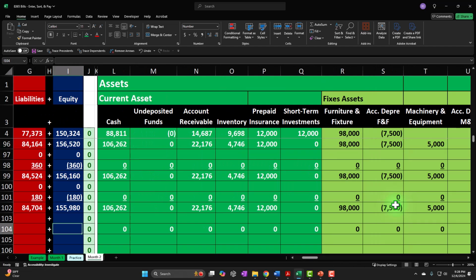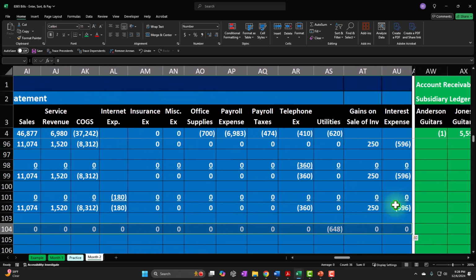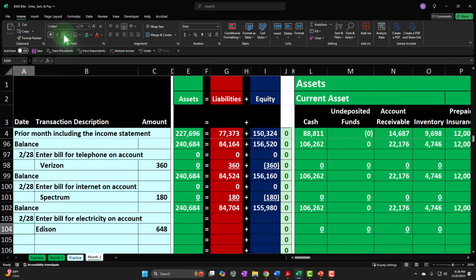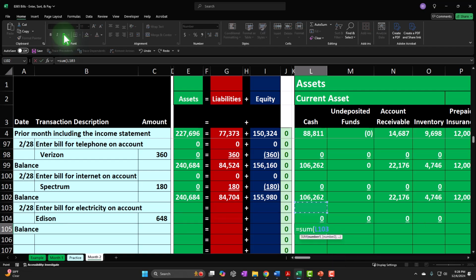Okay, let's put an underline on this thing for formatting's sake. Home tab, font group, underline, and then we'll bring down the balance, baby. Equals the sum of the prior balance plus the current activity.